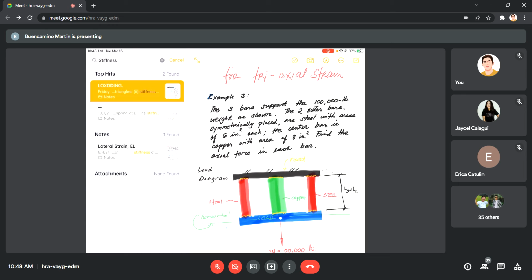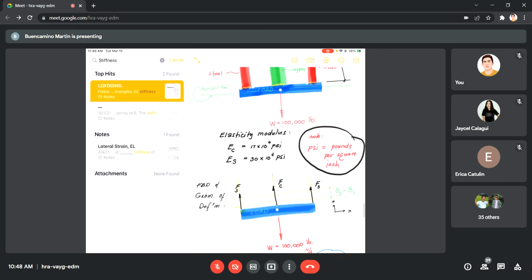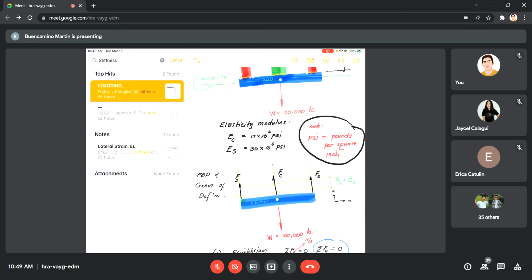Yun ang isosolve natin kung ano yung mga force on each of this bar. We know that all of these are in tension, but as to what magnitude each bar will exert, hindi pa natin alam. So we may start by drawing the free body diagram and the geometry of deformation.